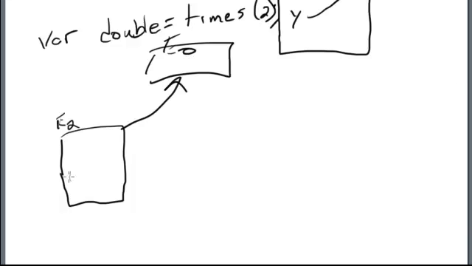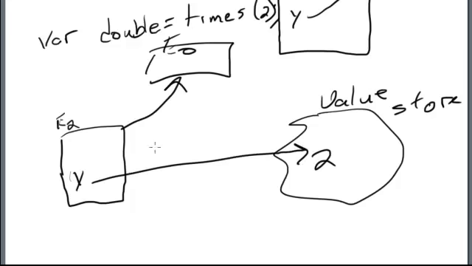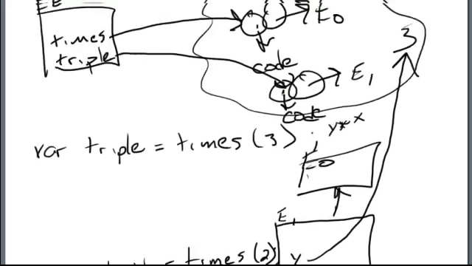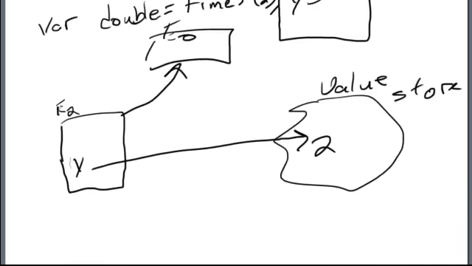And then it assigns 2 to y in the value store, and then it executes the function, which just creates a new function.